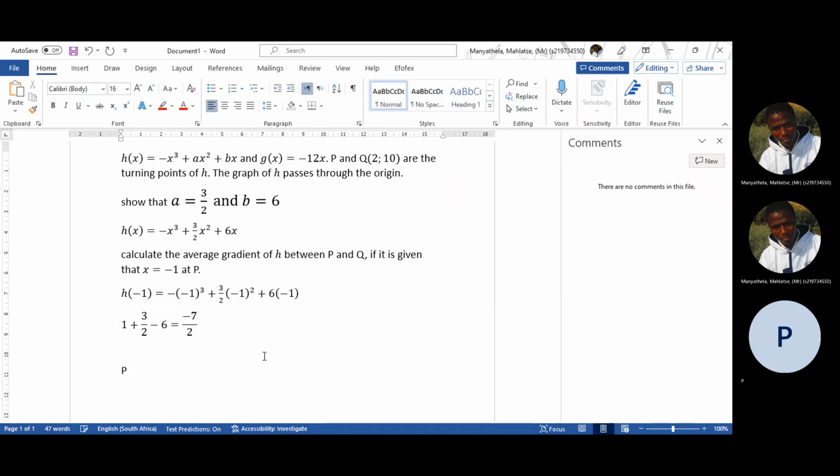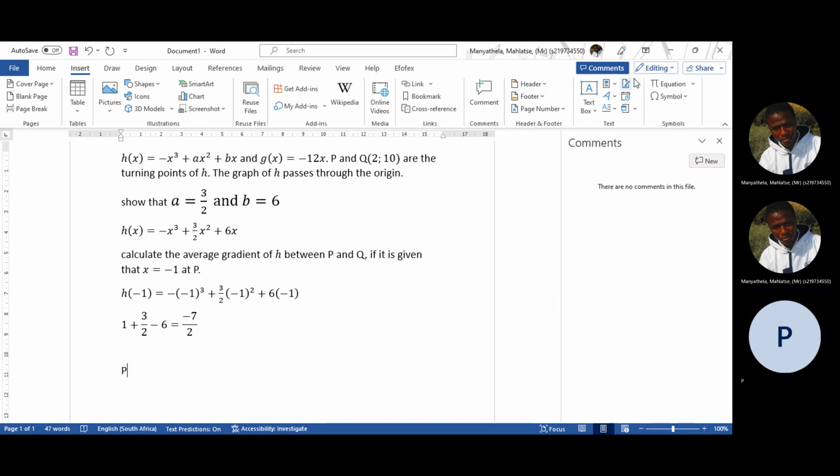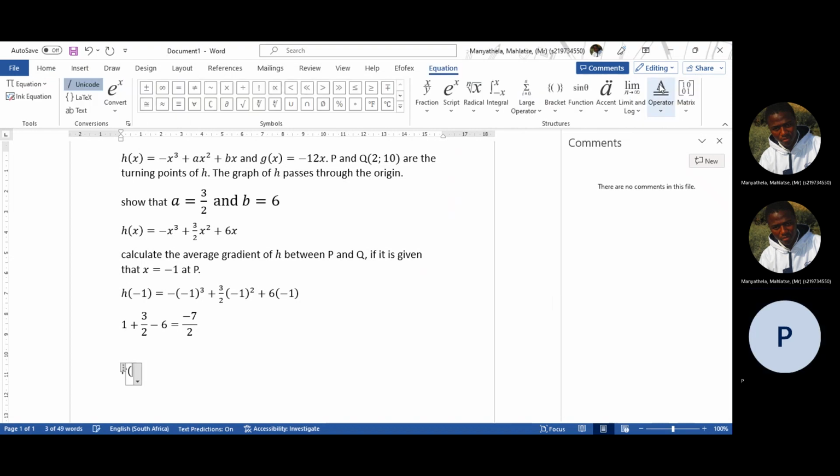So P, the coordinates of P is negative 1 and negative 7 over 2.